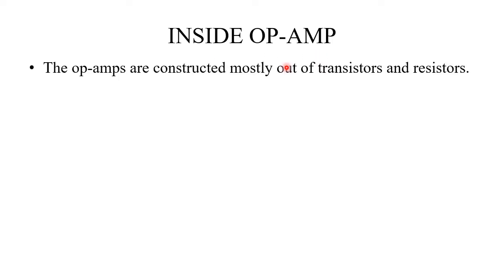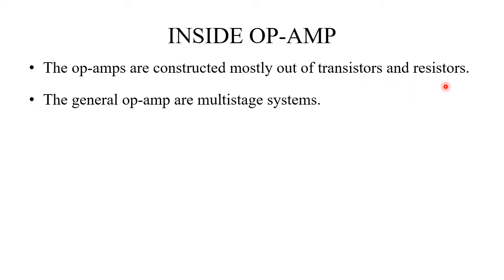What is inside operational amplifier? So the operational amplifiers are constructed mostly out of transistors and resistors. So inside the operational amplifier, it has transistors which may be BJT or FET type of transistors, and then resistors.